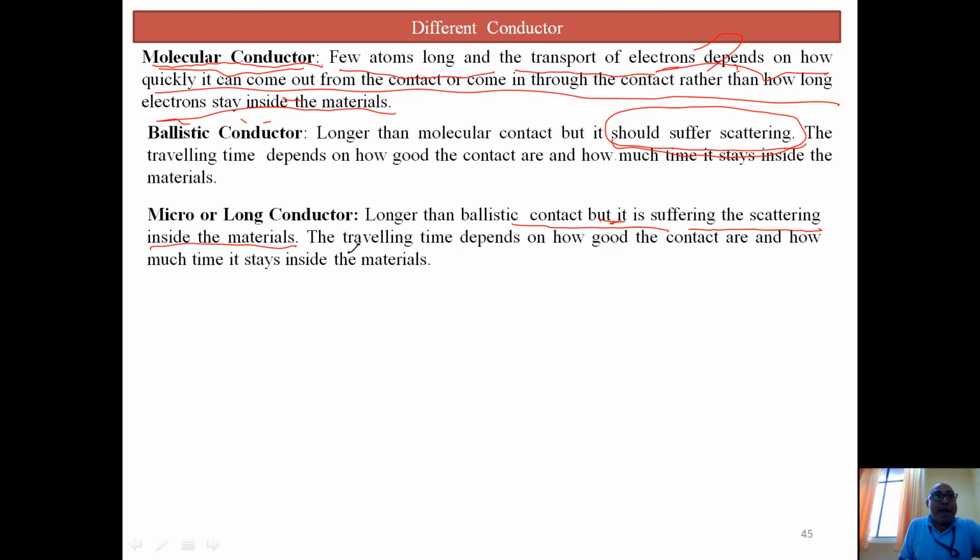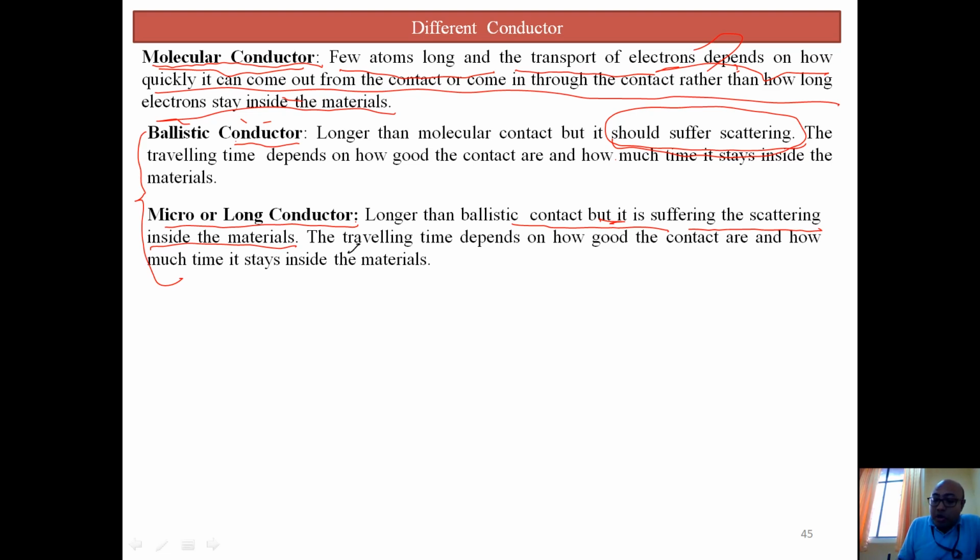So the difference between the ballistic and the micro or long conductor is that ballistic doesn't suffer any kind of scattering, whereas micro or long conductor is suffering from scattering.